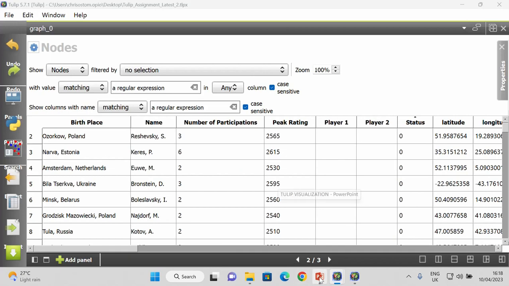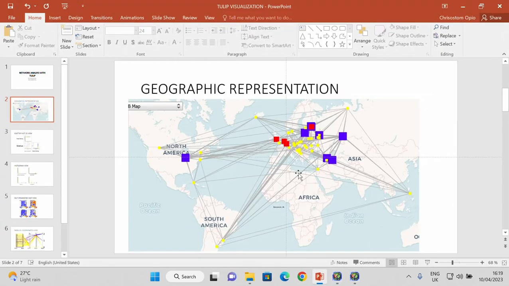Now, when you look at the geographical view, the one I came up with, this is how the visualization is represented. Candidates are presented according to their places of origin. In South America, there are around two of them.